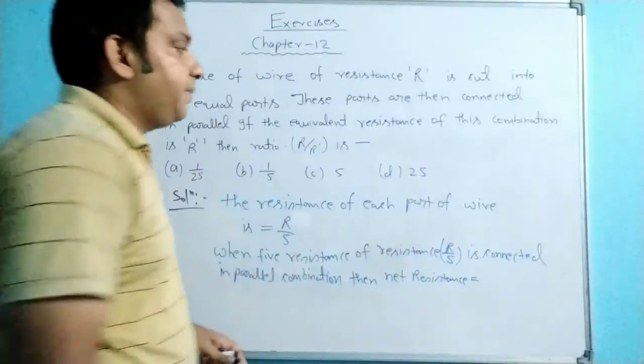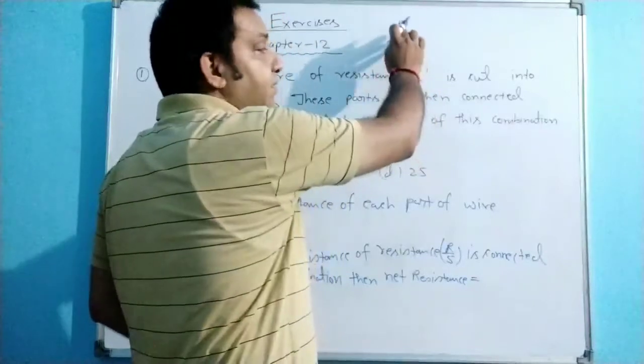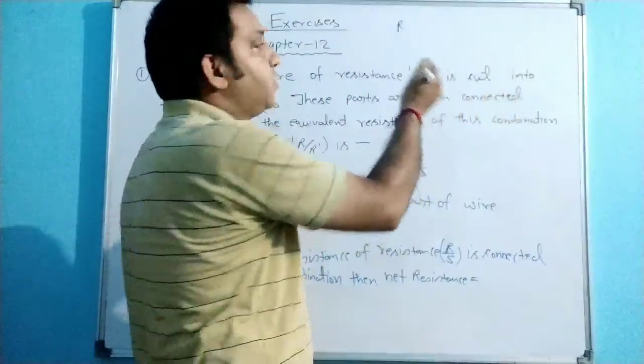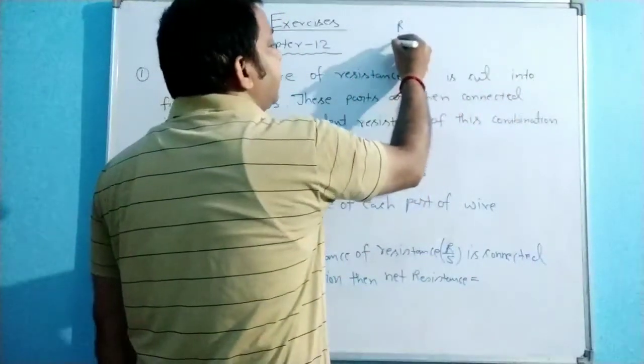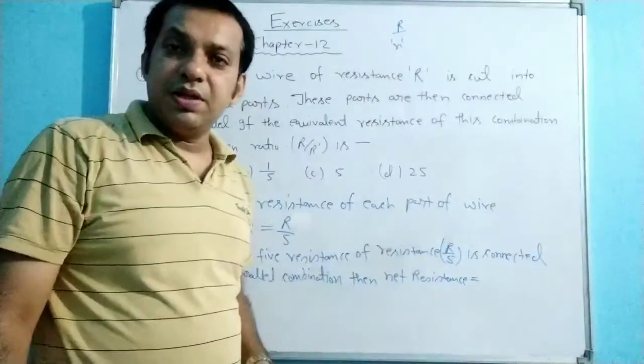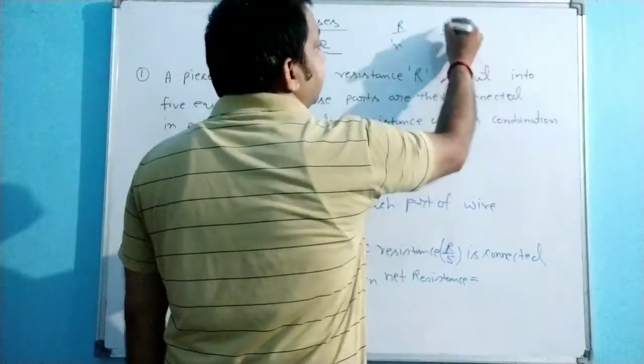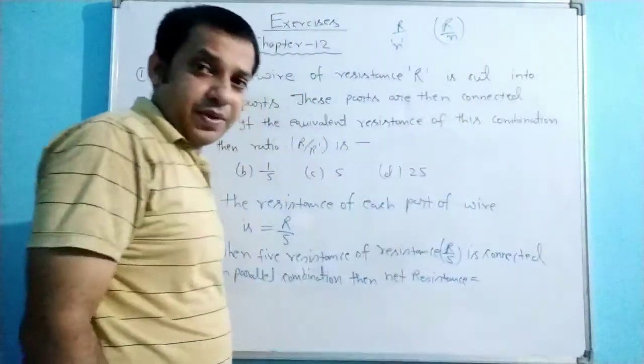You know the formula we have discussed already. If n resistances of magnitude R are connected in parallel combination, then the net resistance becomes how much? R by n in the parallel combination, right?